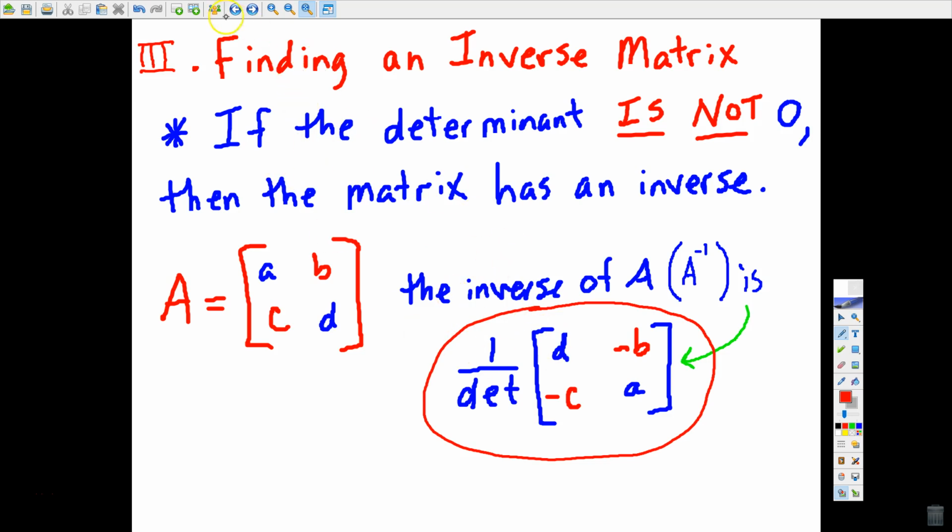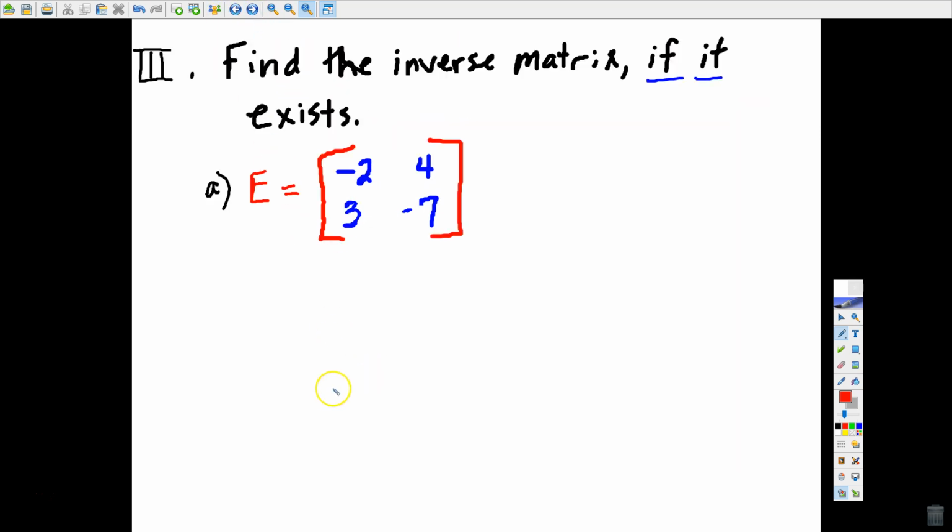All right, so let's practice this. The directions here say to find the inverse matrix if it exists. It could be that there is no inverse. Well, to find that out, we need to first find the determinant. So, John, help me out with the determinant here for this matrix.